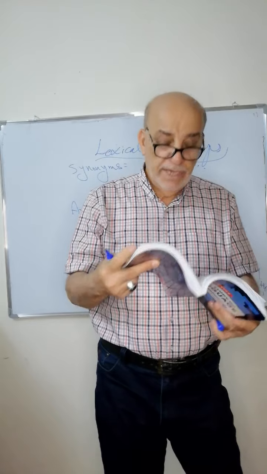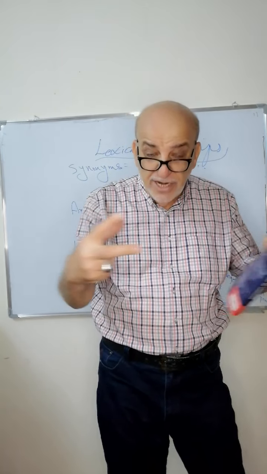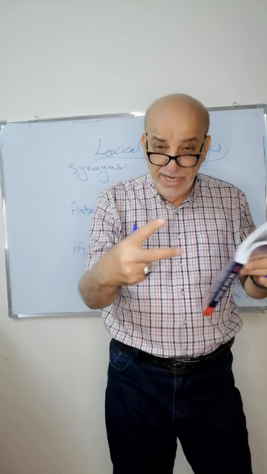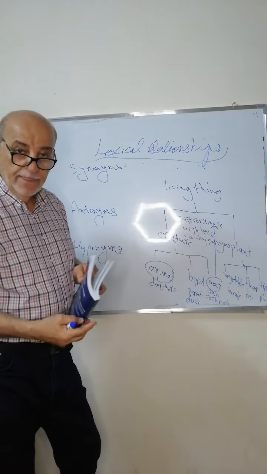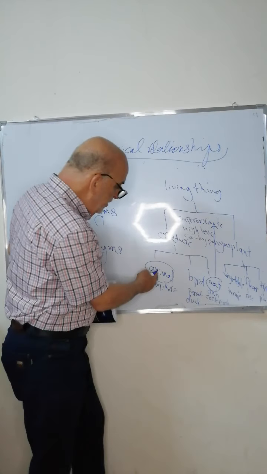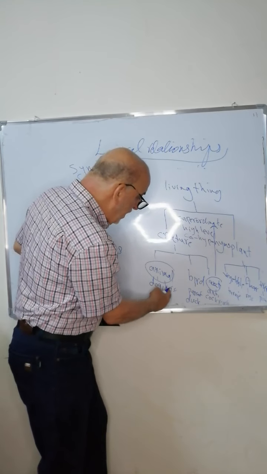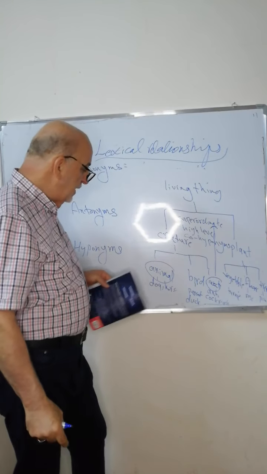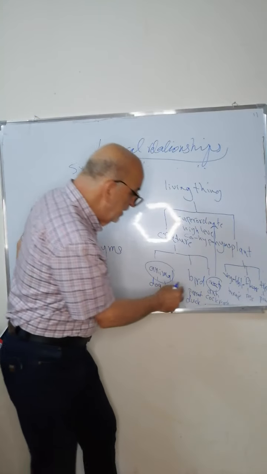So when two words share the same superordinate, we call them co-hyponyms. Right. So animal and insect are superordinate. Dog and horse are co-hyponyms.